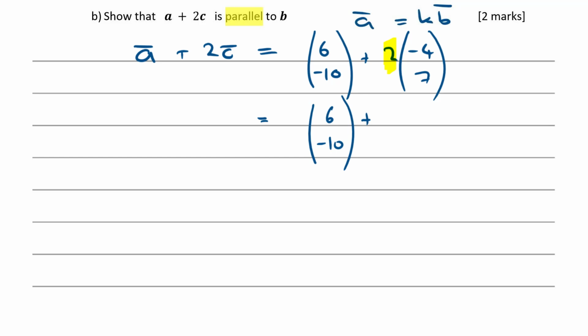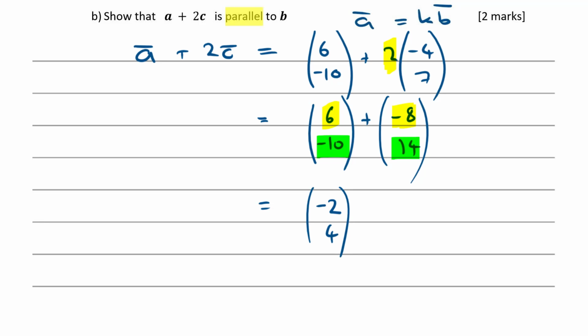Then 2 lots of -4, 7 is 2 lots of -4, which is negative 8, and 2 lots of 7, which is 14. So I've got those, which I now need to add together. Just like last time, the 6 plus the negative 8 and the negative 10 plus the 14 is going to give me my resultant vector, which is -2, 4.